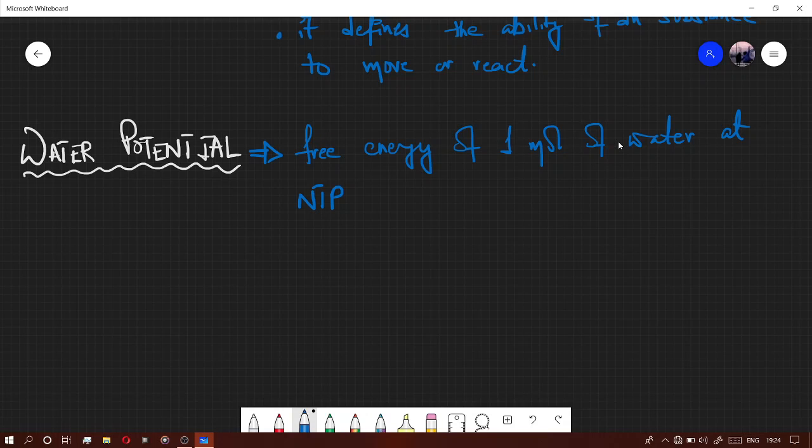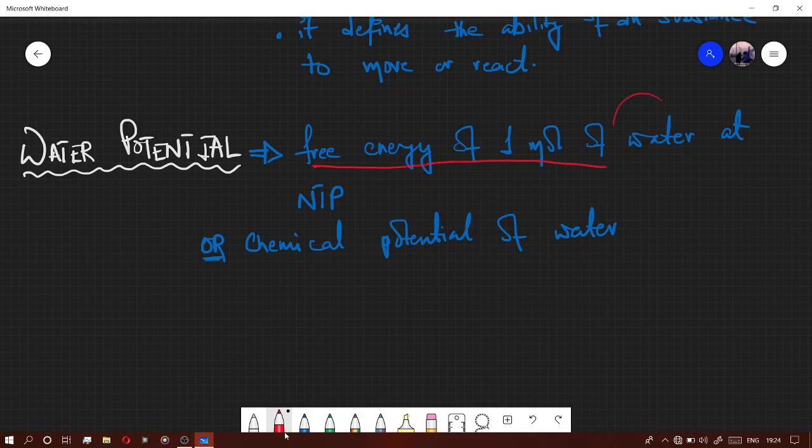Or from the above definition, we can conversely say that it is the chemical potential of water, since chemical potential is the free energy of 1 mole of a substance at NTP.